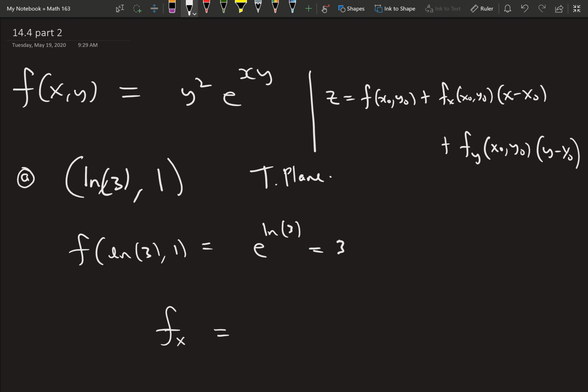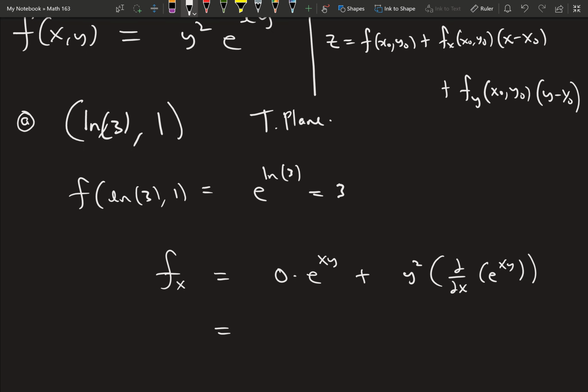So let's take the partial of f with respect to x. Well, it's the derivative of the first term, y squared, with respect to x, which is 0, so 0 times e to the xy, plus y squared times the partial of e to the xy with respect to x.